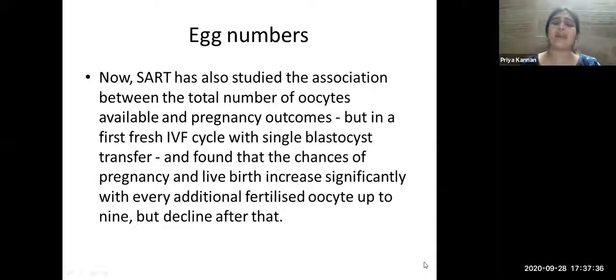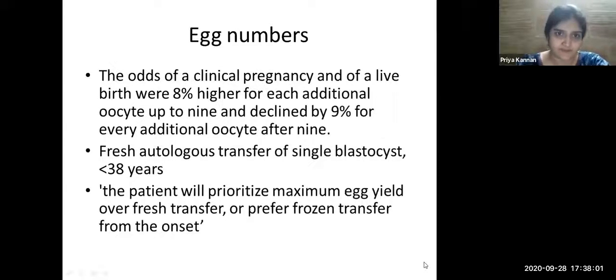Now, why are we worried about egg numbers? Basically because PCOS patients are hyper responders and you expect to have lots of eggs. Suppose you have 80 eggs; even then the pregnancy rate will be low, whereas somebody with around 20 eggs has a high chance of pregnancy. Now this seems to make sense of the observation that we have been having.